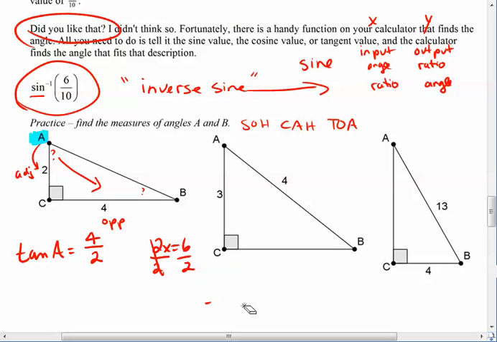Okay. I'll erase that. The way that we're going to undo tangent is we're going to essentially take the inverse tangent of both sides. So I can get A by itself by inverse tangenting, that's a verb that I can use, both sides, which basically causes the tangent to go away on the left side, but the inverse tangent to stay on the right side.